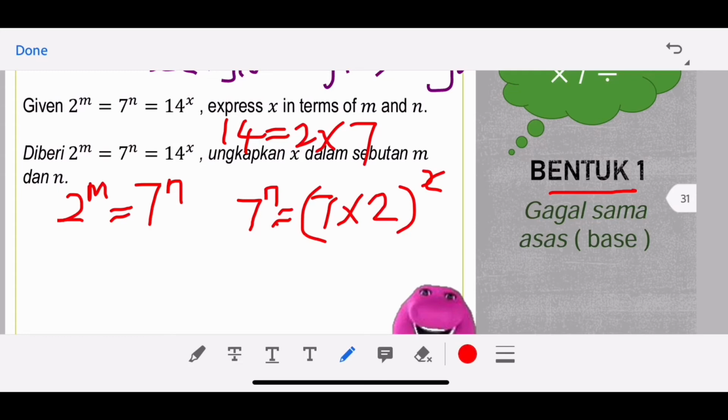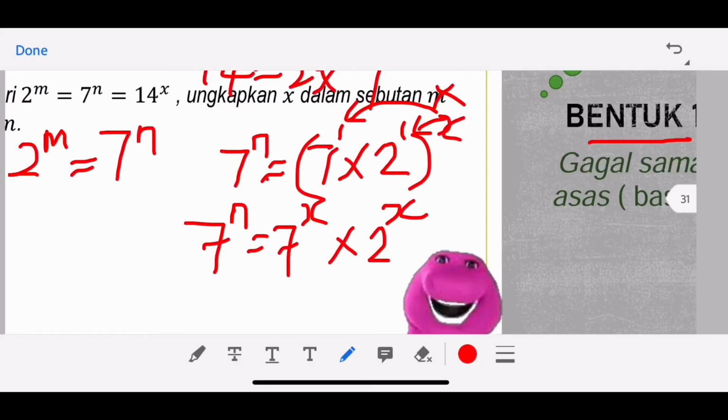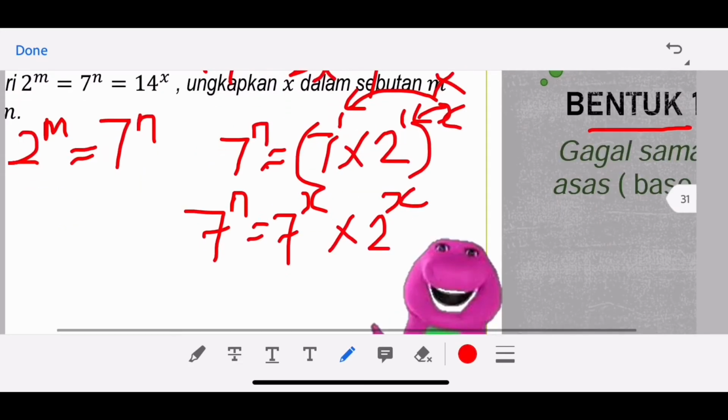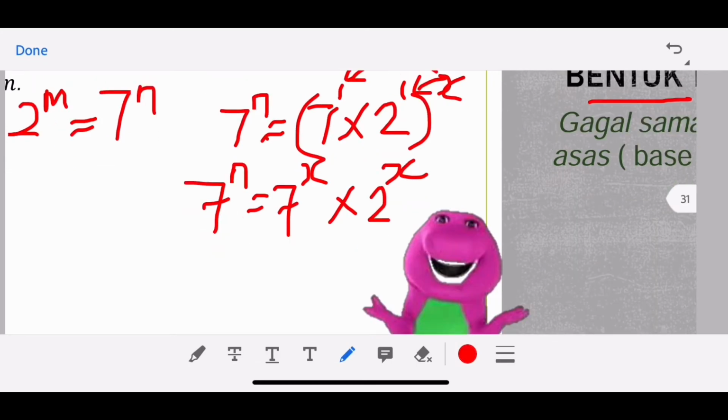Alright, and then now you have to use the indices law. So 7 power 1, 1 times x is x, right? Then 2 power 1, 1 times x is 2 power x. So now you have 7^n equal to 7^x times 2^x. Now I will make sure everything changes to base 2. You can change everything to base 7, up to you, but I want base 2.